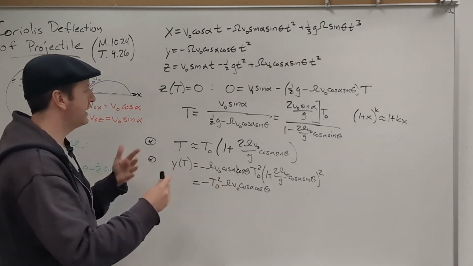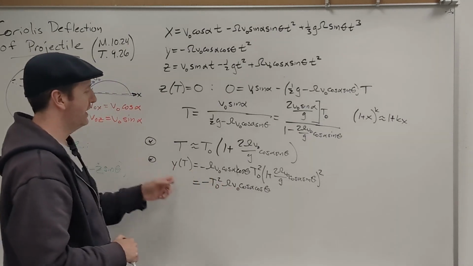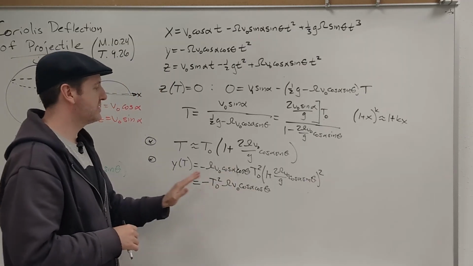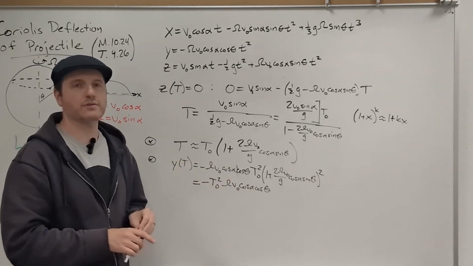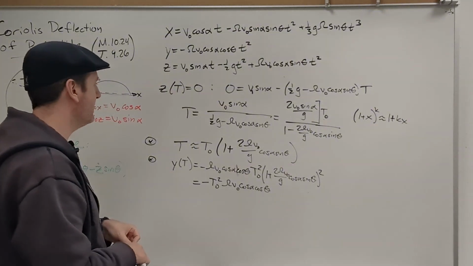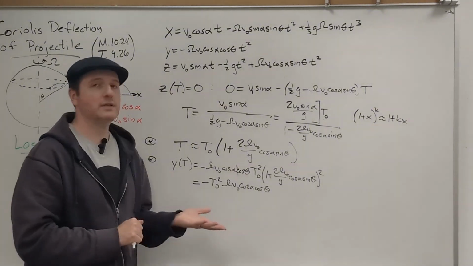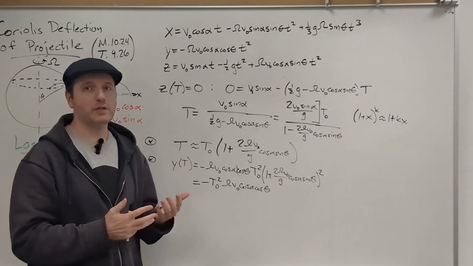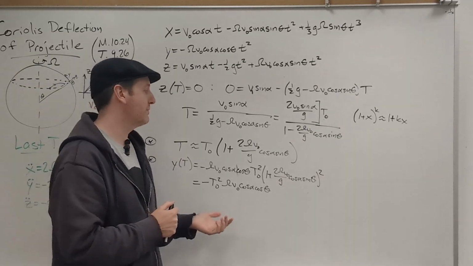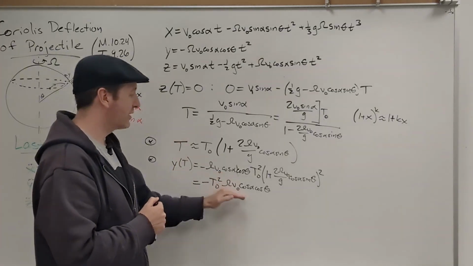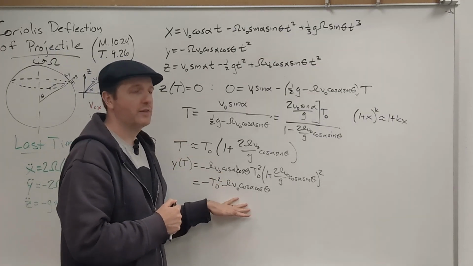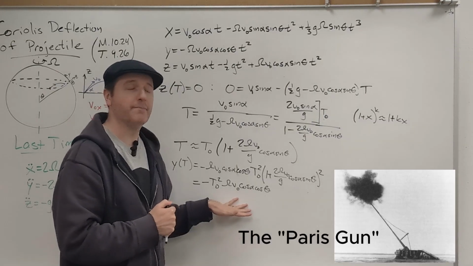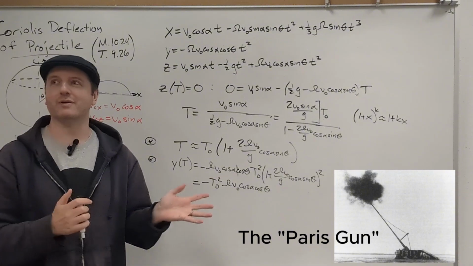And if you want, we could plug in some reasonable numbers for v naught, maybe pick a 45-degree launch angle. You'll find that this is not a terribly large amount for reasonable amounts of v, but it could be reasonable to include this if we're doing things with very high muzzle velocity, say howitzer firing or something like that. For example, in World War I, there was a very large cannon. What was it called? Probably should look that up. I want to say Big Bertha, but I don't think that's it.